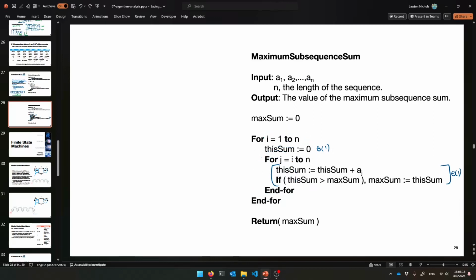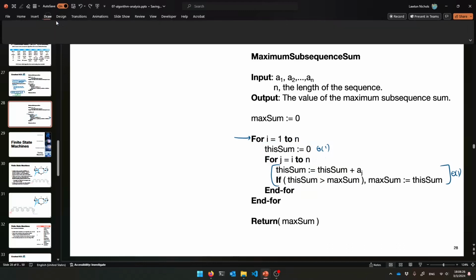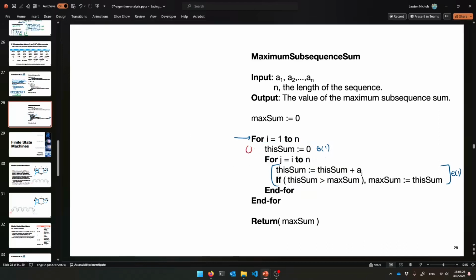This for loop is doing stuff n times. So how much work is this line doing in total? Linear work for this one line. I'll put it in rainbow. Our goal is to figure out how much work is being done in total by this inner loop.